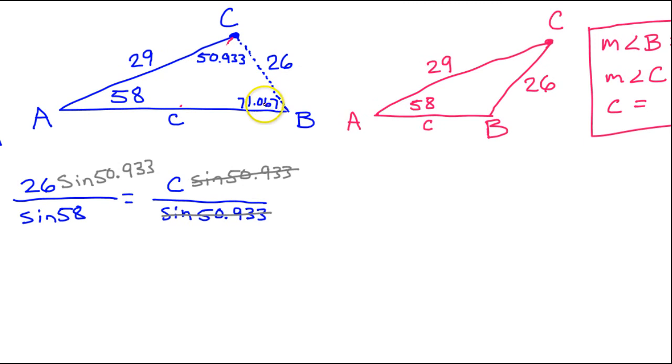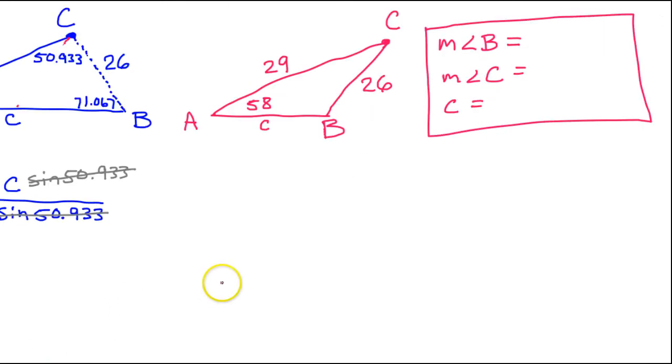We have learned that the acute angle B and the obtuse angle B are always going to be supplementary. So I can just subtract this from 180, and that's going to give me angle B. So that's giving me 108.933.